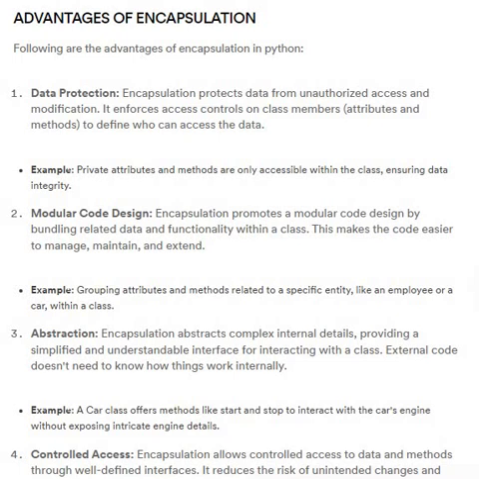It protects the data from unauthorized access. And modular code design: we try to keep the data and their associated methods together as a single entity. And abstraction: you are providing a simplified and understandable interface whenever you want to interact with the class.